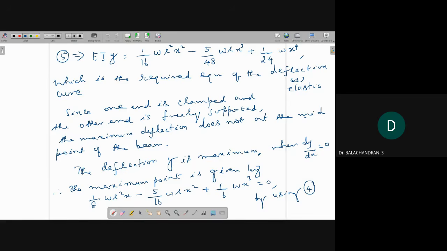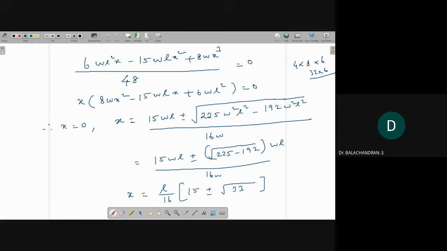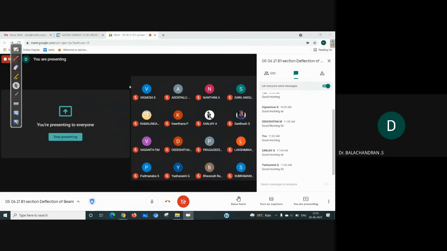So the maximum deflection occurs either at x equal to 0 or x equal to L by 16 into 15 plus or minus root 33. Out of these three, which one? Why are the remaining two not? You should tell the reason also. Anybody? If you tell the answer, then this class is over.